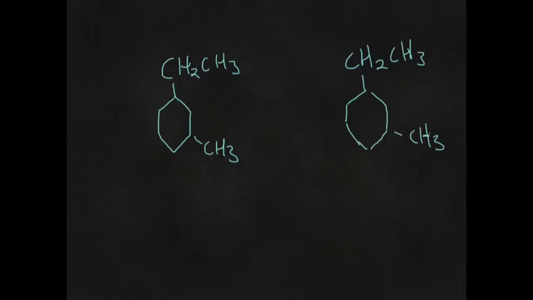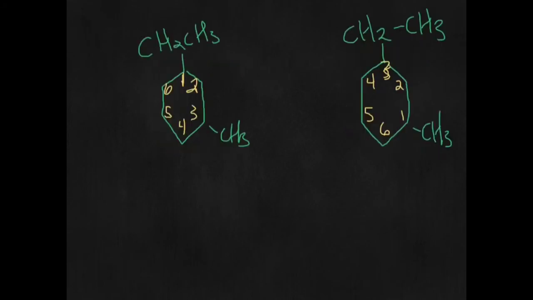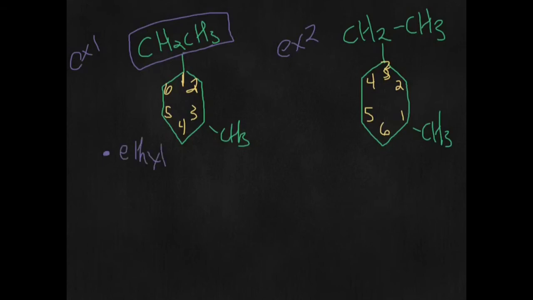We're going to do another example, which is right and which one's wrong. So we're going to do some notes here. Let's say this is example 1, and this is example 2. In example 1, our ethyl group, and we get ethyl because this right here is equal to 2 carbons, is located at carbon 1.